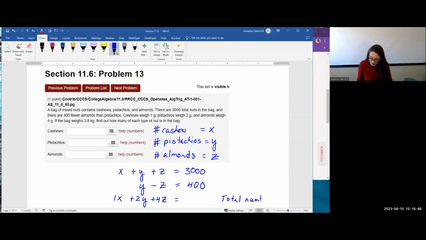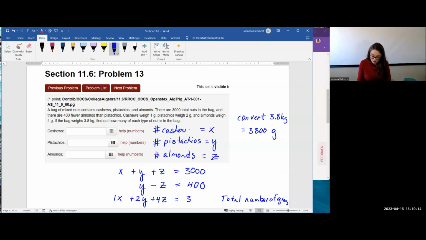Now the problem is, what it said was kilograms. Now kilograms are equal to 1,000 grams. So I need to convert the 3.8 kilograms into grams. So 3.8 kilograms is equal to 3,800 grams.